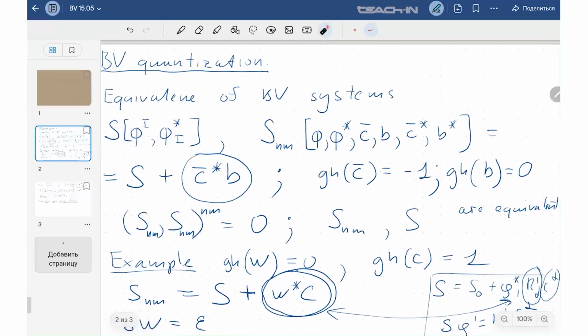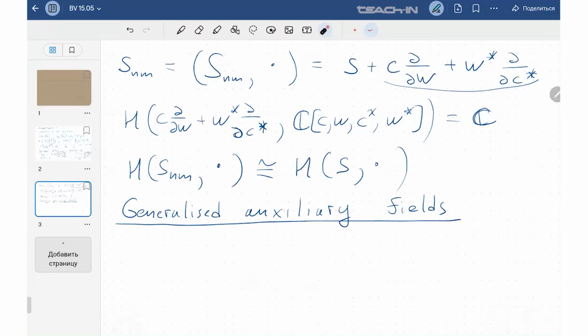But let us try to give a definition. Suppose that we can do a field redefinition if necessary, and we can assume that our BV action depends on variables phi, phi star, W, and W star, where star usually denotes antifields.